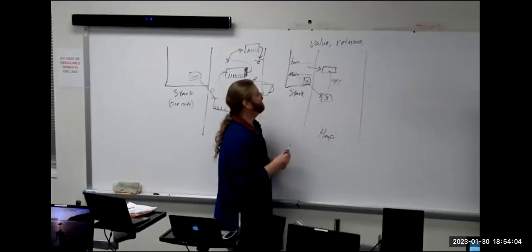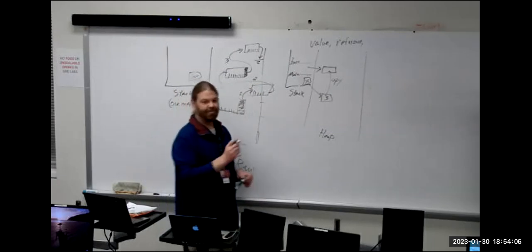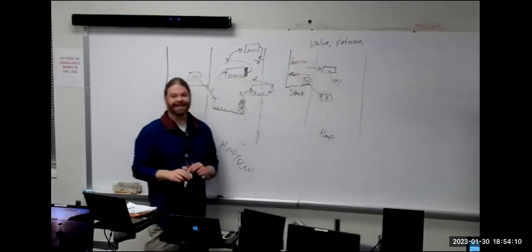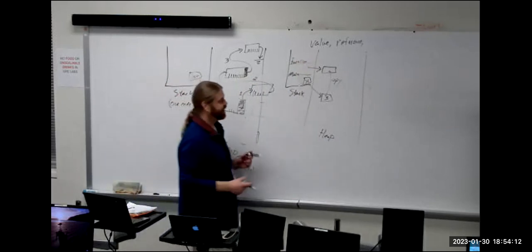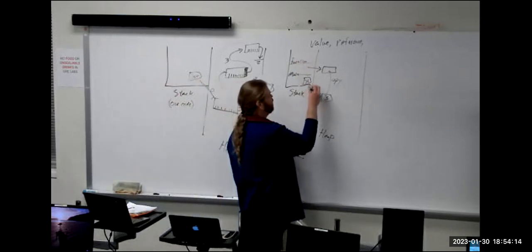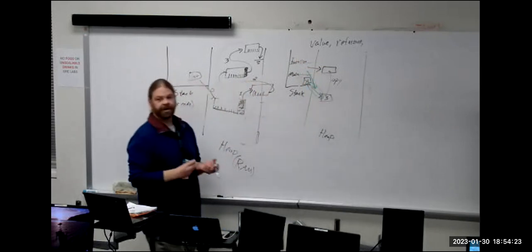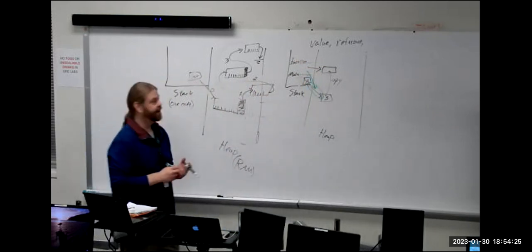FUNC, abbreviated function, whatever our function is called. Passed by reference, instead of creating a new arrow there, we would grab this arrow. We're going to refer to the thing that points at that data.